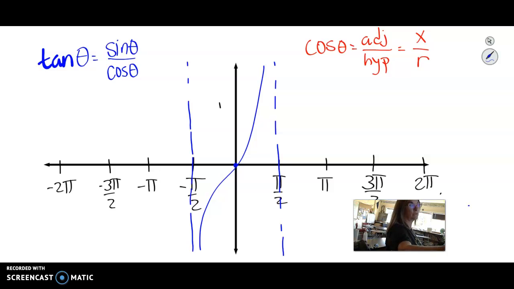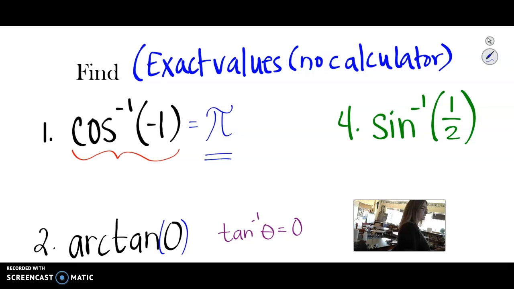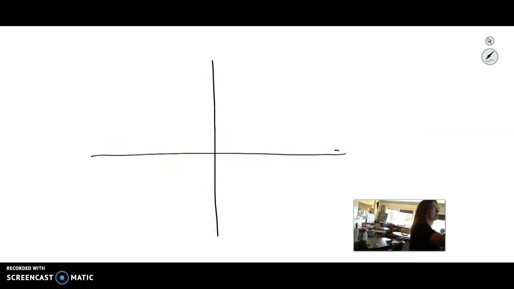So when you're looking for tangent of 0, we're looking for an angle that's in between negative pi over 2 and pi over 2, not including those values because you'll have 0 in the denominator at those points. So the graph of tangent inverse, if I reflect all the x and y ordered pairs, instead of staying between two vertical lines at negative pi over 2 to pi over 2, they're going to be horizontal lines.